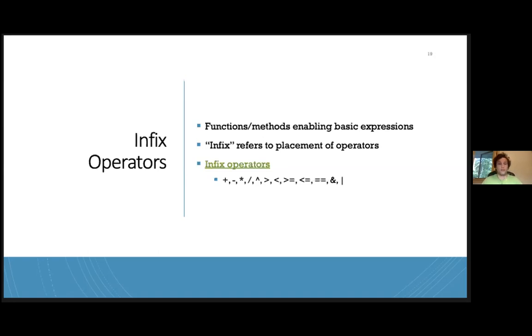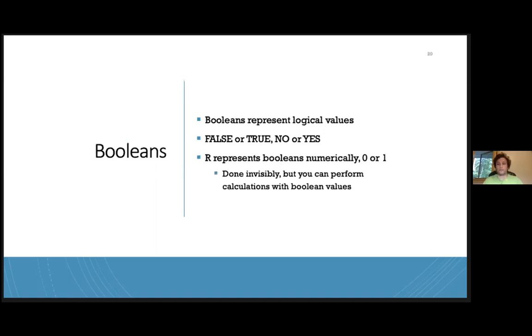And so talking about a lot of those essential operators, namely the greater than, less than, brings us to this idea of a Boolean. Booleans represent logical values. Basically, a Boolean is a false or a true, a no or a yes. And R represents Booleans numerically as zeros or ones.